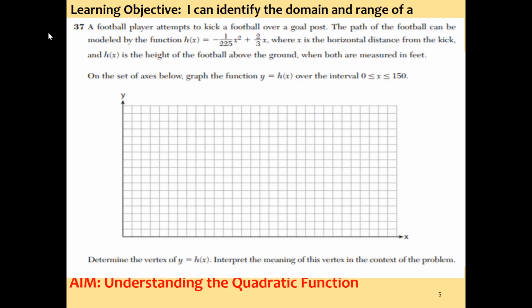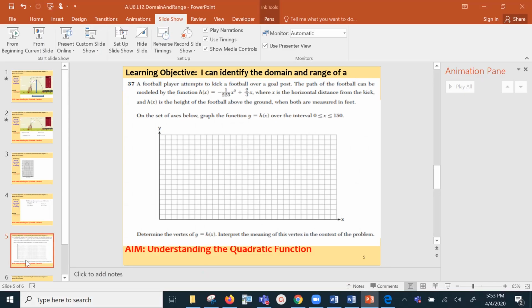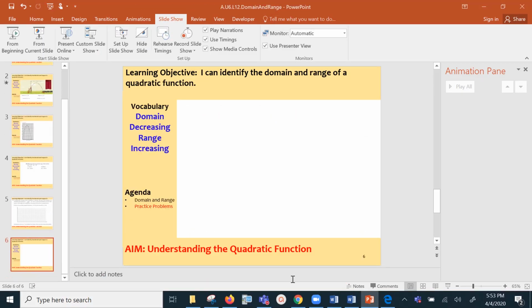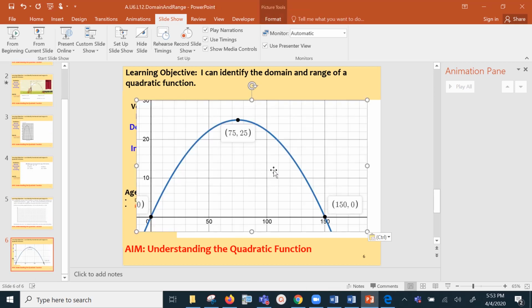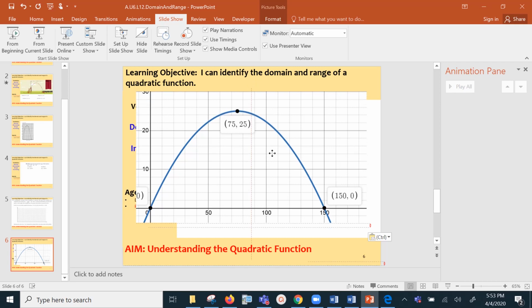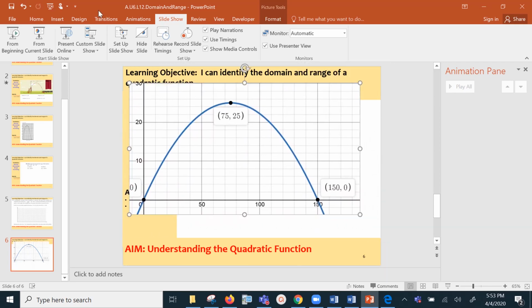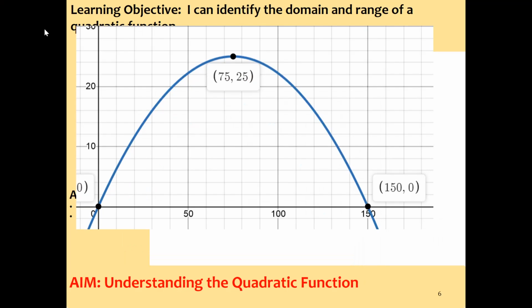Now let's get back to here. So we have the picture, and it asks us to determine the vertex. Well, we know the vertex, and interpret the meaning of the vertex in the context of the problem. So we're going to do this on a blank one. I'm going to paste it here. So here it is. I'm going to say that the vertex is 75, 25.